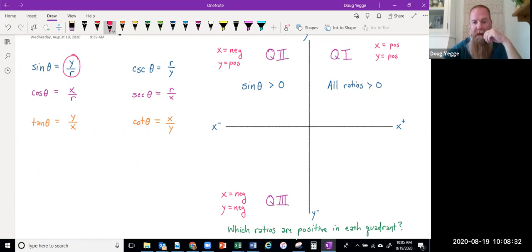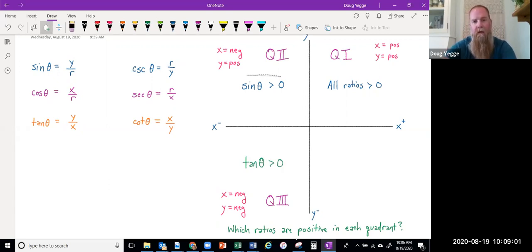Sine of theta would be negative in the third quadrant. X over r is a negative over a positive, so that would also be negative in the third quadrant. But now if I take a negative divided by a negative, then that shows the tangent of theta will be positive in the third quadrant, which means that in the third quadrant, tangent of theta is positive.